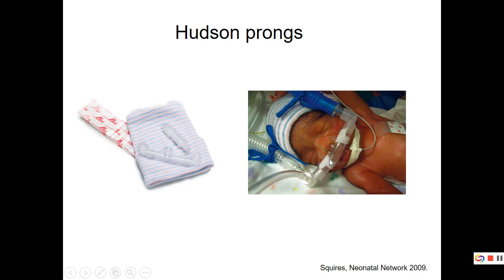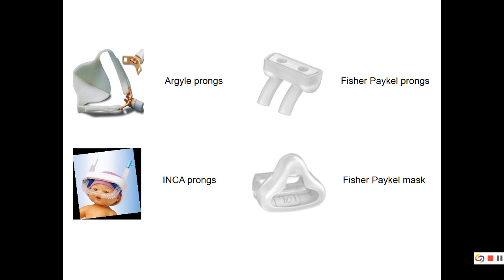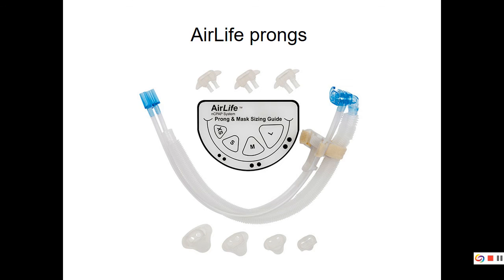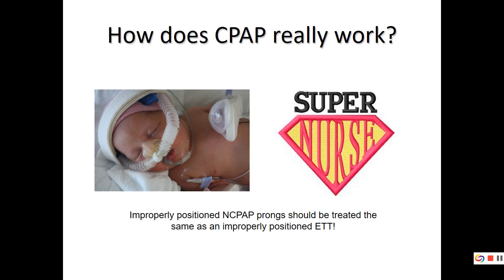Here's the Hudson prongs, which some people think are the greatest thing ever. This is what they use in Colombia, I believe, which is supposedly the best place on the planet for non-invasive ventilation. There's Argyle prongs, there's Inca prongs, they have masks as well. AirLife prongs, you can go on and on with these.